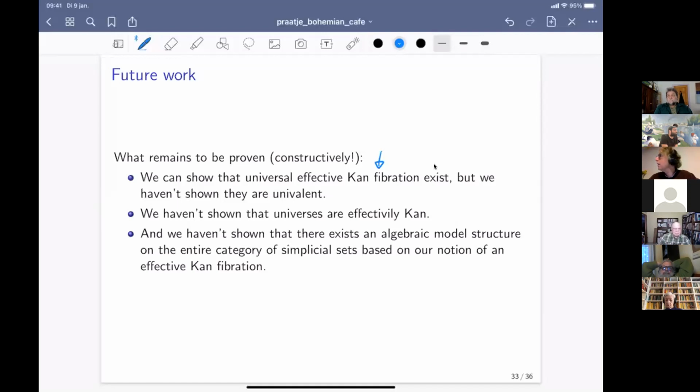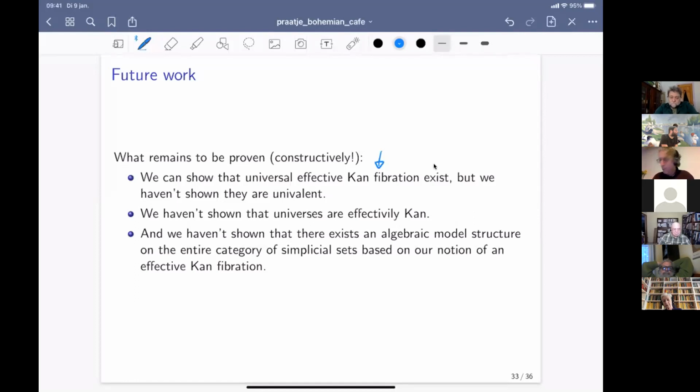I think the strategy that we have in mind for proving that there is some sort of constructive model structure is basically the strategy that you can also find in Christian Sattler's paper on the equivalence extension property.